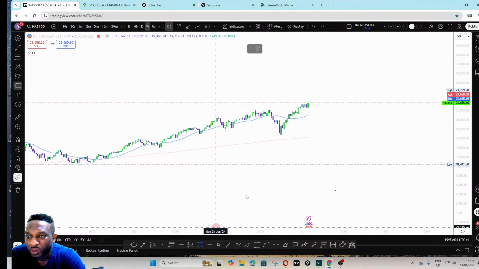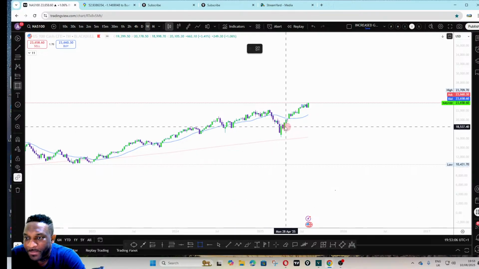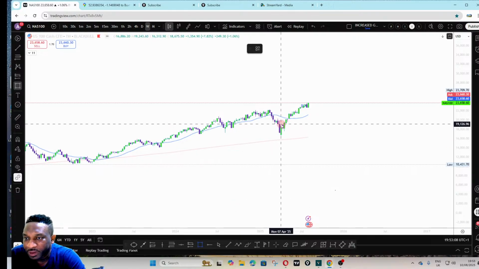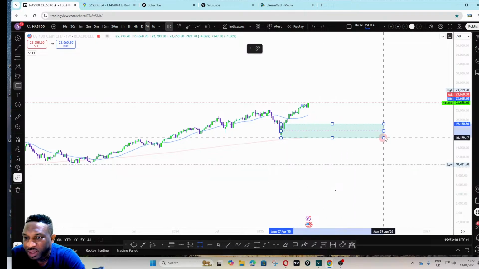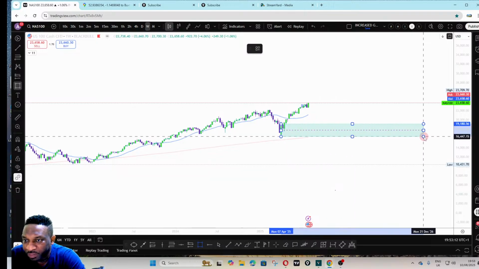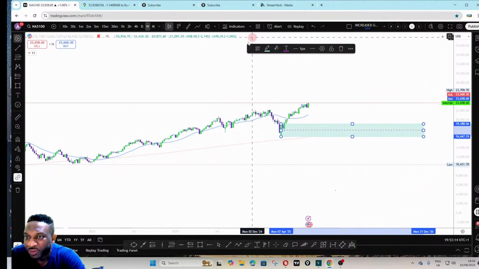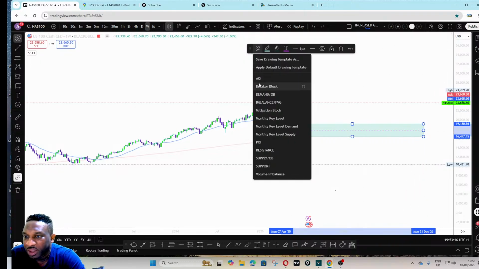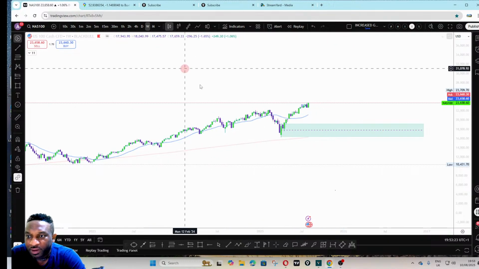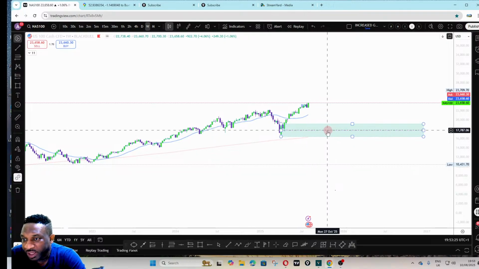So as we can see, from this point on, we have this key area here, where price got 2 and 10 around. I think this could be your weekly key area.